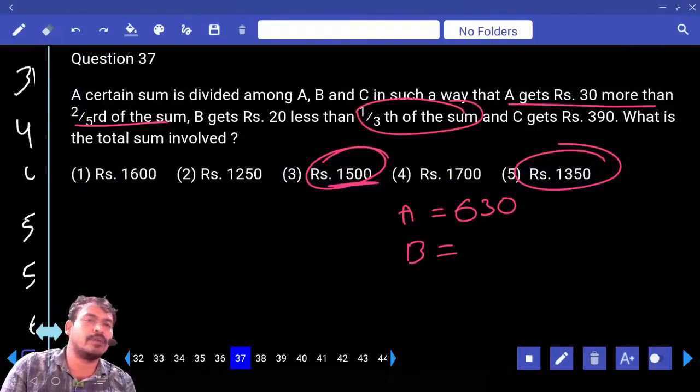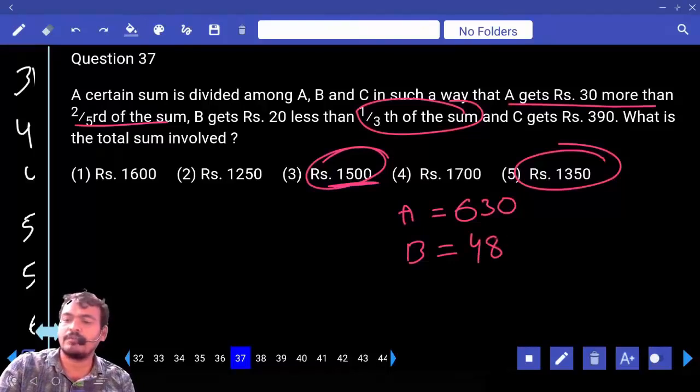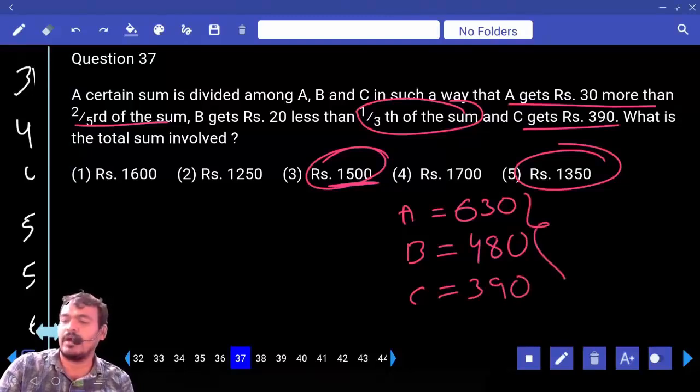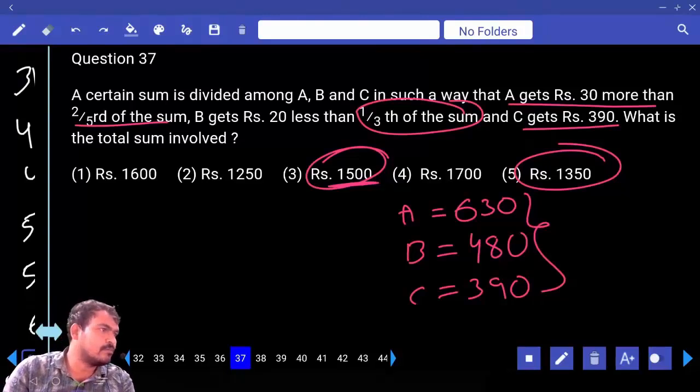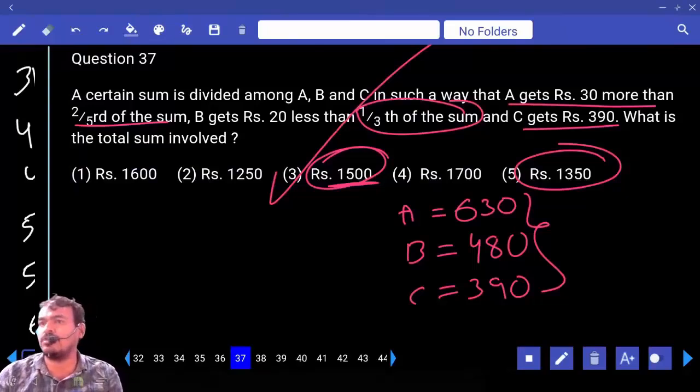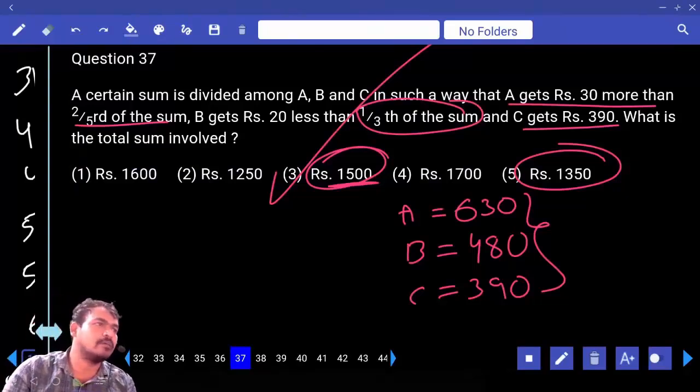What is 1/3 of 1500? 500. 20 less means he gets 480. And C's value is already given, 390. Adding these three, we get 1500. It is satisfied, so the answer will be the third option. We do not require the fifth option. If it were not satisfied, the fifth option would be the answer.